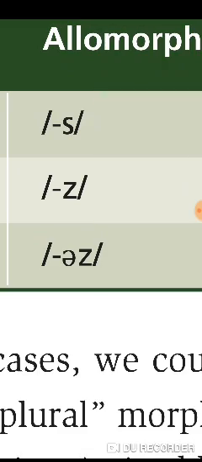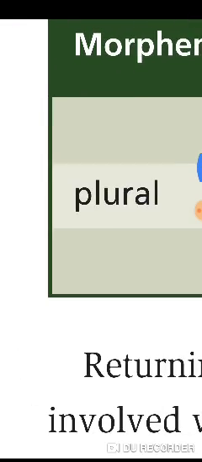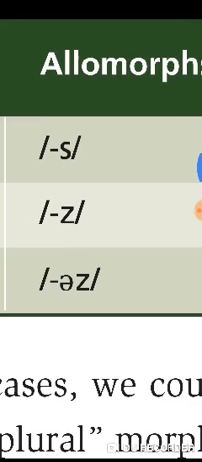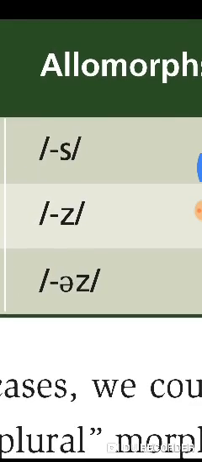Sometimes the pronunciation is s, sometimes the pronunciation is z, and sometimes the pronunciation is iz. So what does it mean? The plural morpheme has got 3 variant forms. Examples: cat, cats. Dog, dogs.